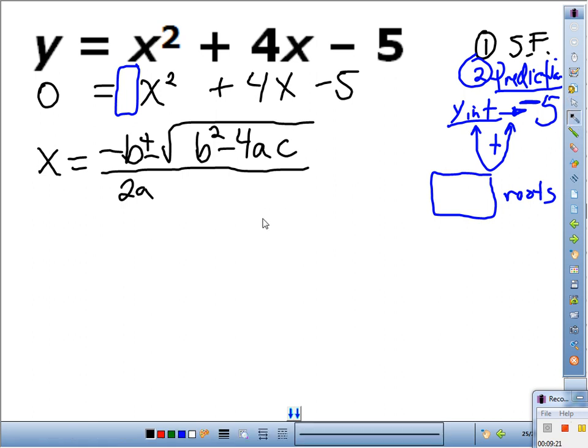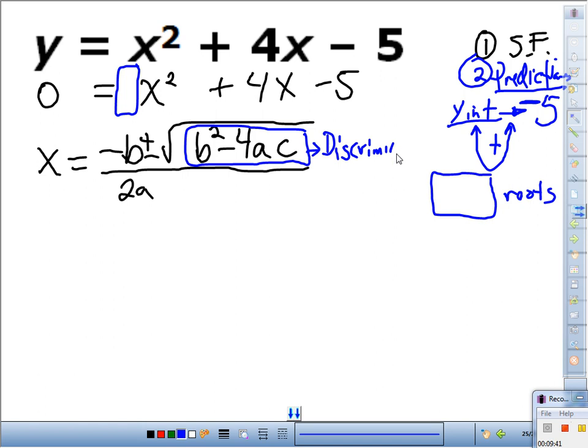All right, now that I have this, there's a part of this formula that I can use that's going to tell me how many solutions I'm going to get. Watch. This part inside of the radical is what we call the discriminant. Who's heard of the word discrimination?